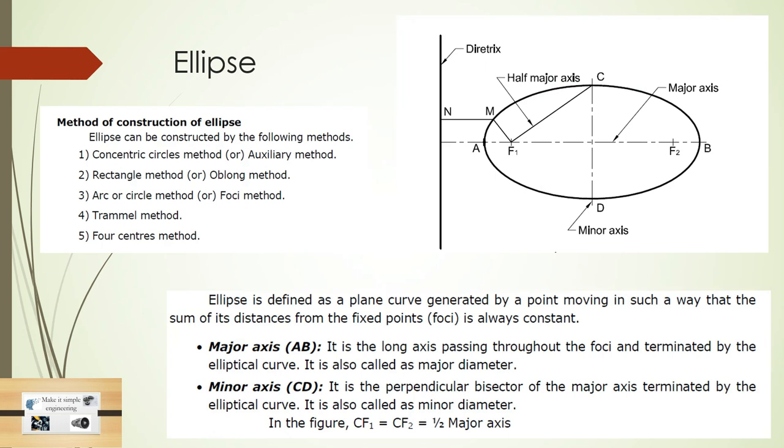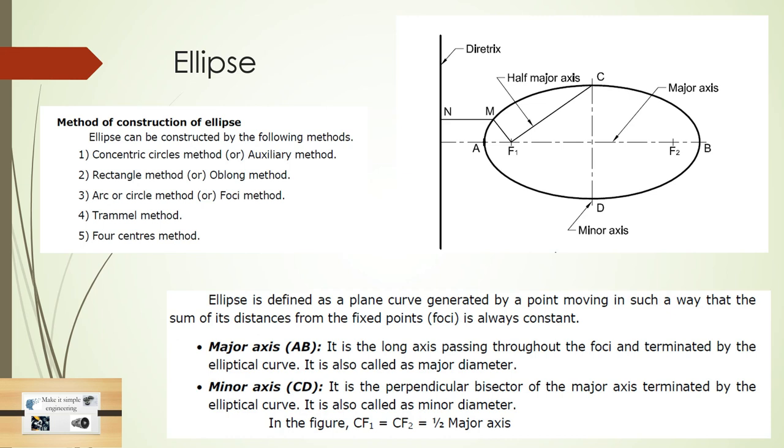Now in this section we are going to see the concept of the ellipse, that is, how to draw an ellipse by different methods. Before that, we should know that an ellipse has major and minor axes, 2 foci and 2 vertices.